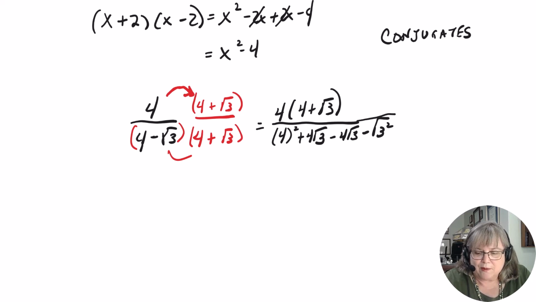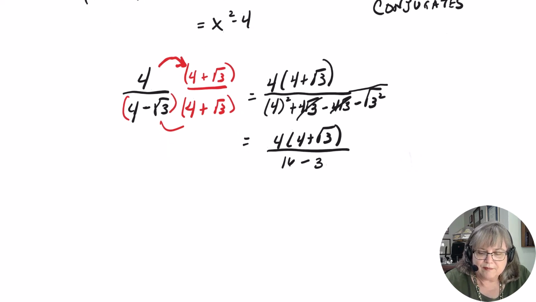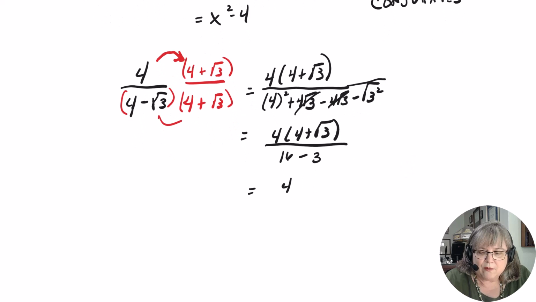So we're doing the FOIL method. So like we expected, these two middle terms zero out. You have 4 plus the square root of 3 over 4 squared is 16 minus, and the square root of 3 squared is 3. So you have 4 times 4 plus the square root of 3 over 13.